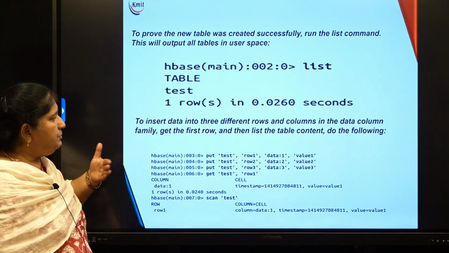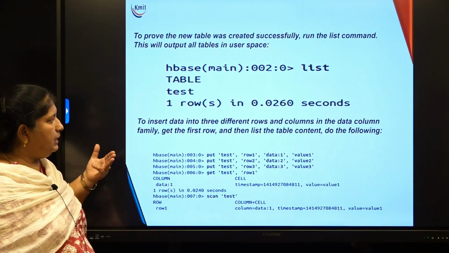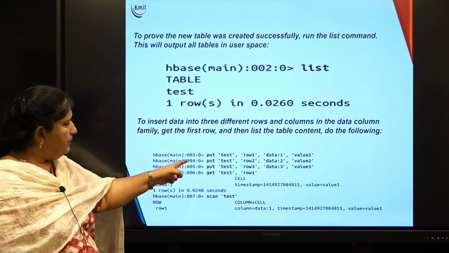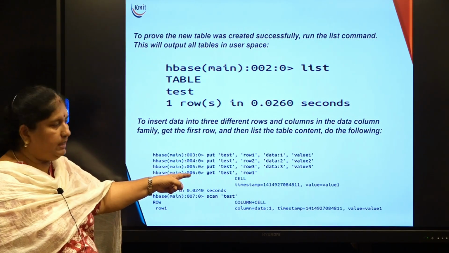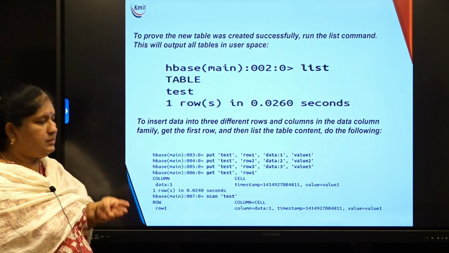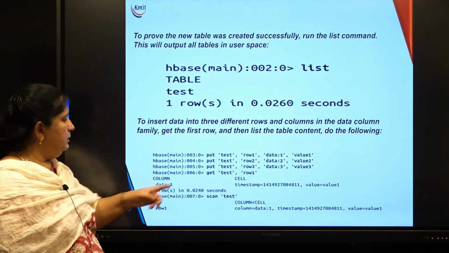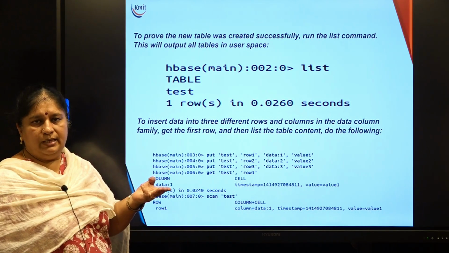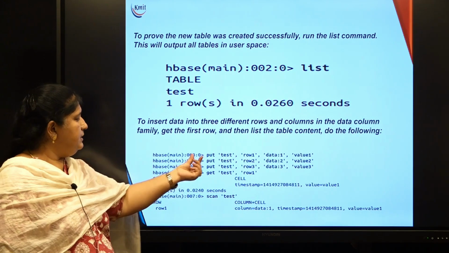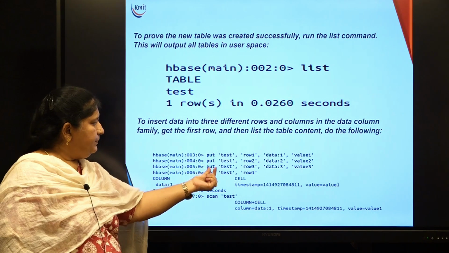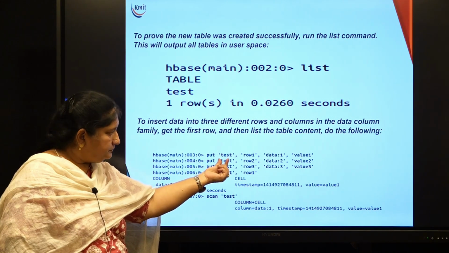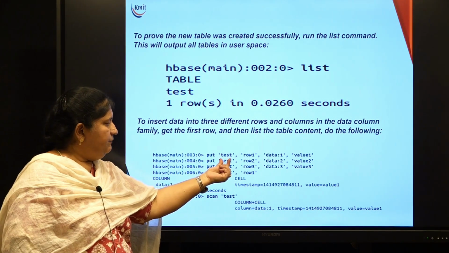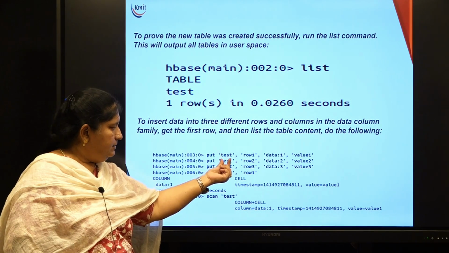And if I want to insert 3 rows into HBase, with every command, if you see, the command count is increasing. Suppose I want to insert 3 rows. How do we insert? Using the put command. Normally for RDBMS, MySQL and all, we use insert. Here we say put. Put the table name. What is the table name we are saying? Table test.